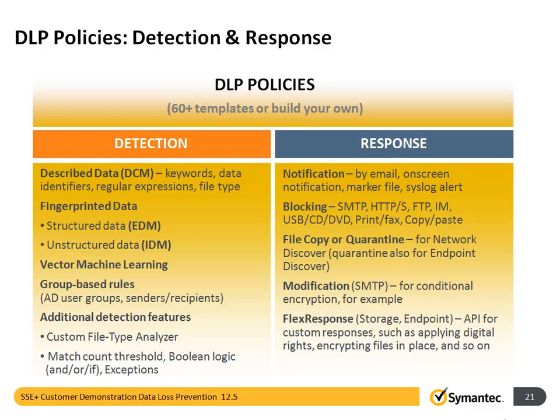The MTA then redirects that email to the encryption gateway, and the email gets encrypted in that way before it leaves the network. In addition to all these response rules, we also have a flex response API for storage and endpoint incidents that lets you configure custom responses, such as applying digital rights, encrypting files in place, and so on.